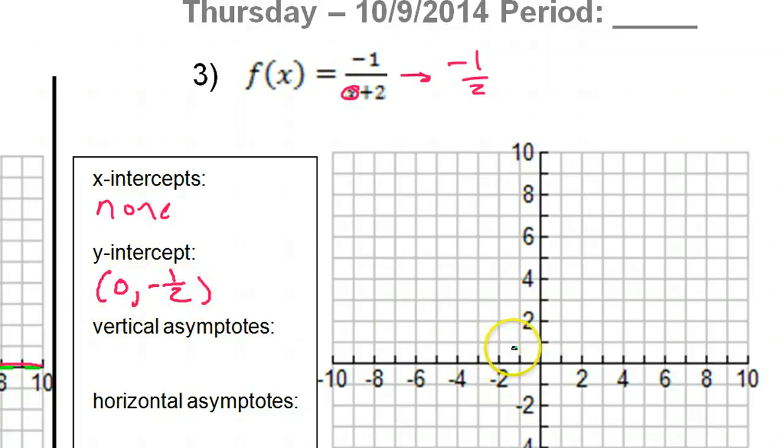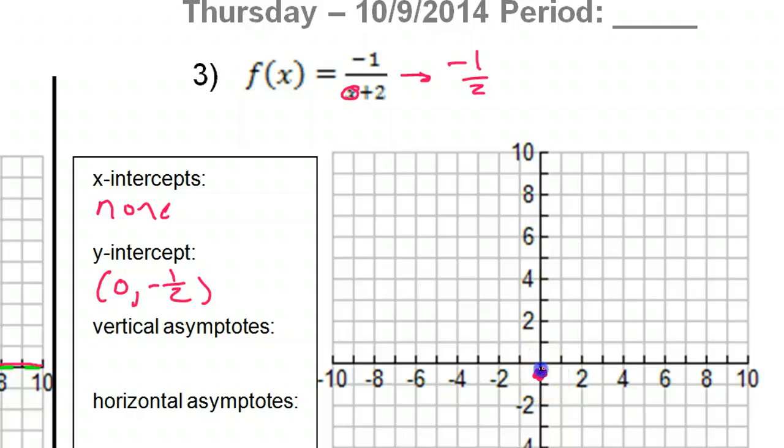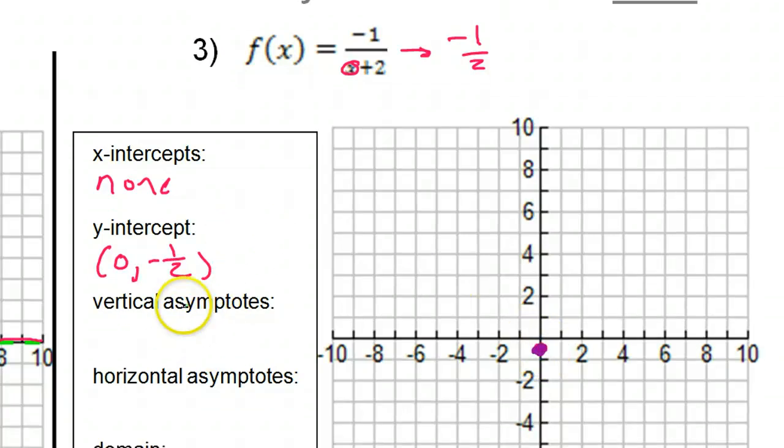All right, let's go ahead and plot that. (0, -1/2) would be right here. You know what? I'm going to graph it in purple to differentiate it from the other points. So there's my y-intercept. Now, vertical asymptotes. Vertical asymptotes happen when the denominator is equal to 0.